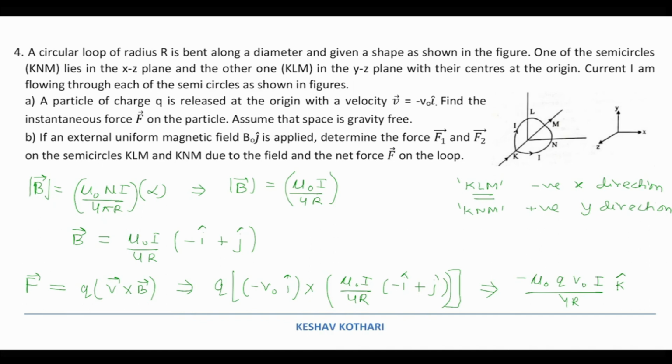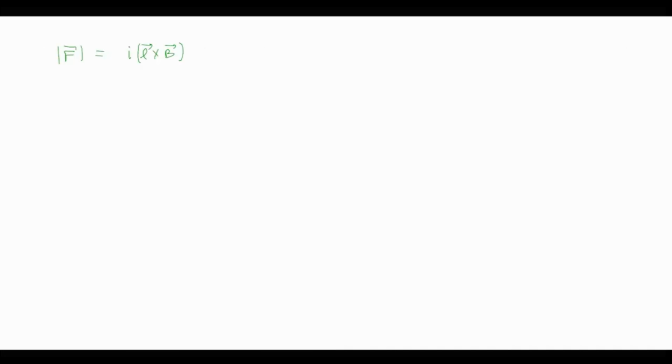In case of an irregular shaped conductor placed in the magnetic field, we use the length as the shortest distance between the two ends of the conductor. Hence the force on KM can be written as B I into 2R. Using Fleming's left hand rule, the direction of force is along the i cap direction, which is 2BIR i cap.